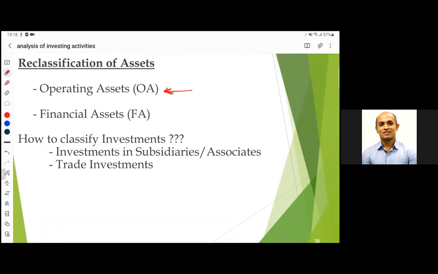So you may have investments, but those are not related to your operations. You may have investments in treasury bills, investments in treasury bonds. There may be situations where these investments are not related to the company's operations. Then those assets you have to identify separately as financial assets.